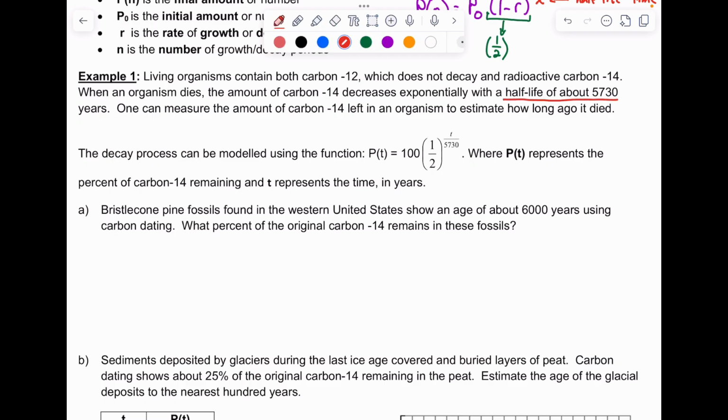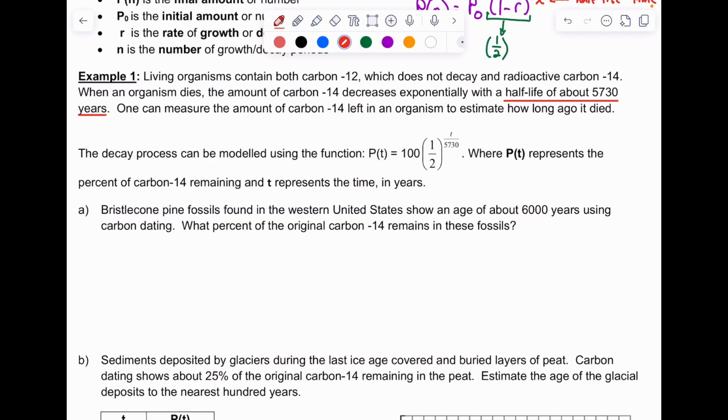Half of it is remaining after 5,730 years. I know it seems crazy, but we're talking about fossils that are millions of years old. And notice this is the half-life time. That's what it's saying: the half-life of about 5,730 years.